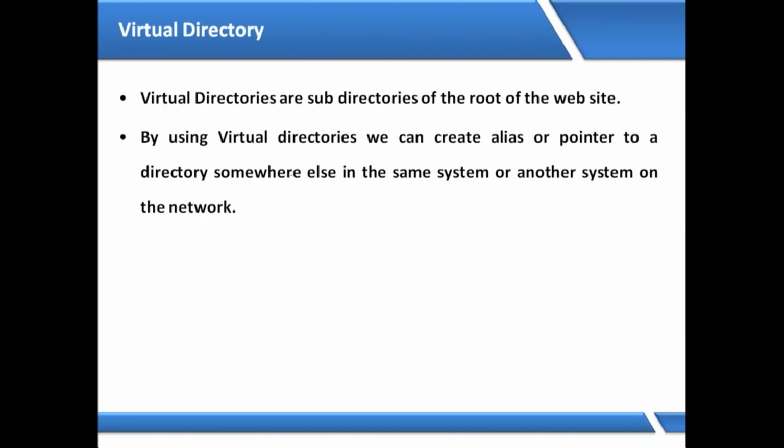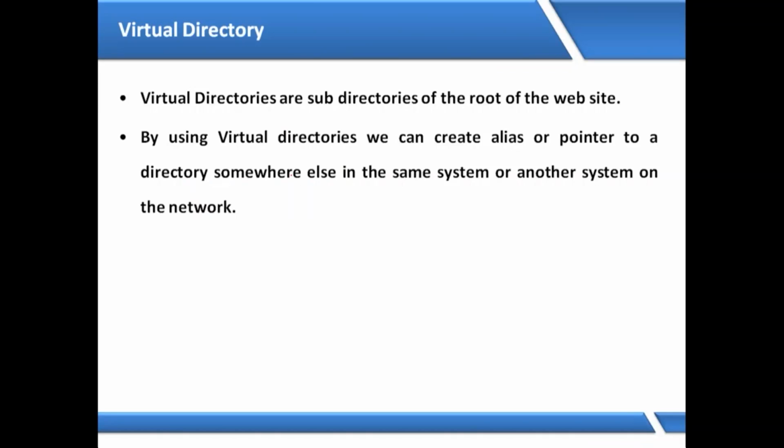That never happens automatically. For one sublink, we have to create one virtual directory, which is a subdirectory. How to create a virtual directory which points to the sublink on the home page, we will see in the second practical.